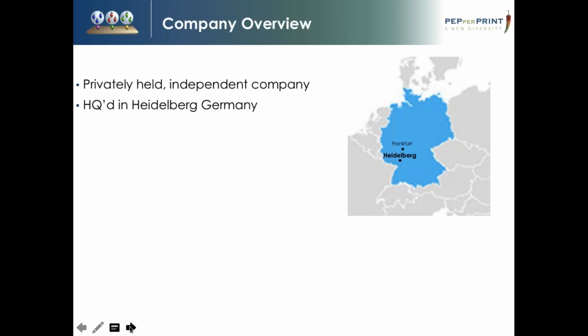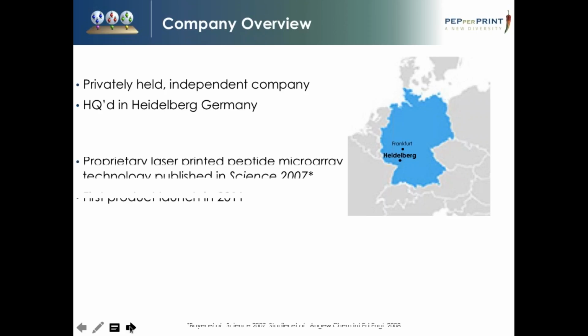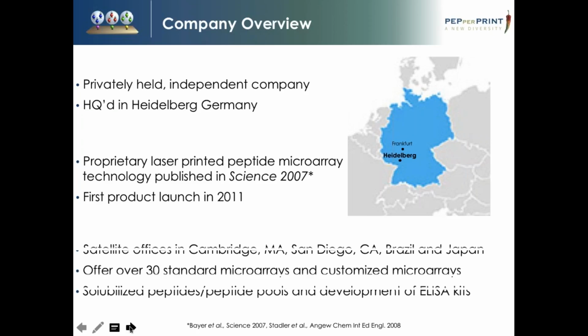It's located southwest of the country, about an hour's train ride from Frankfurt. The laser printed peptide microarray technology that it's based on was initially published in Science in 2007. We incorporated and had our first product launch in 2011, and now just 5 years later we have satellite offices in Cambridge, Mass., San Diego, California, Brazil, and Japan.